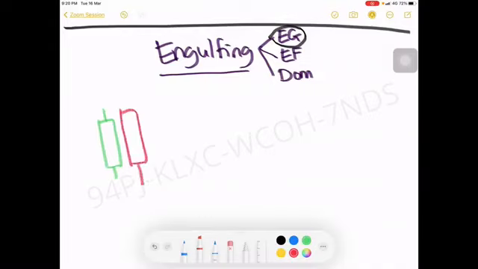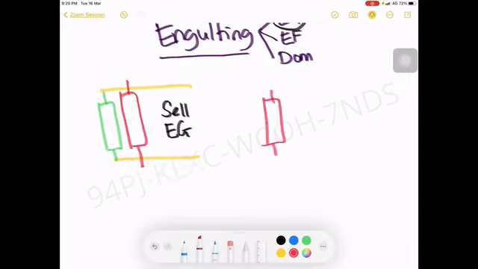So this is called sell engulfing. It means that when the price comes to that zone, we are going to look.